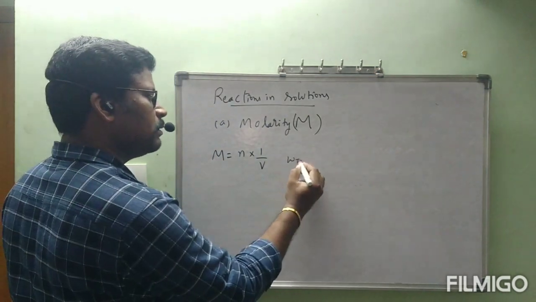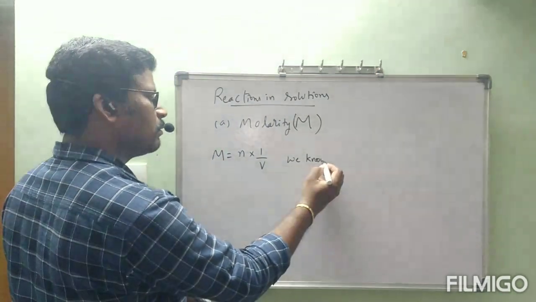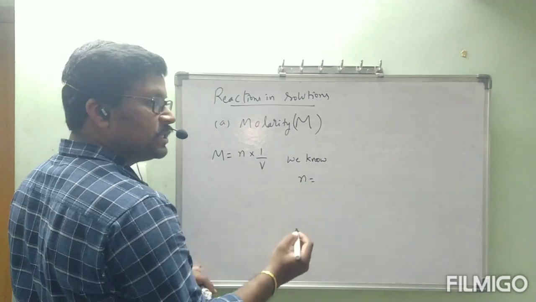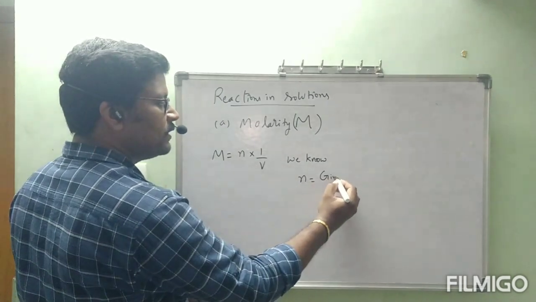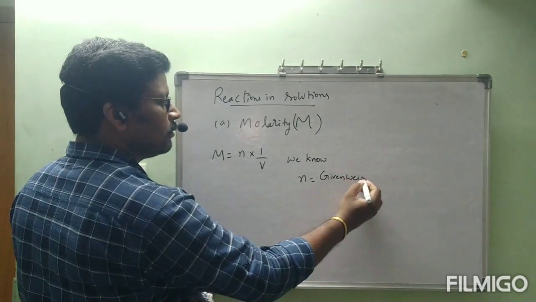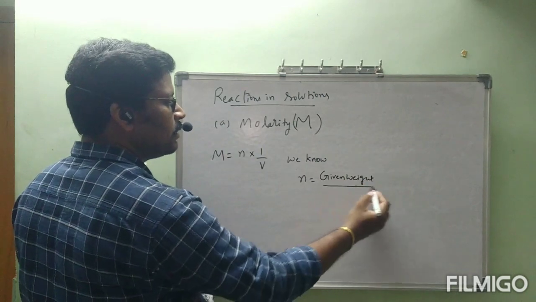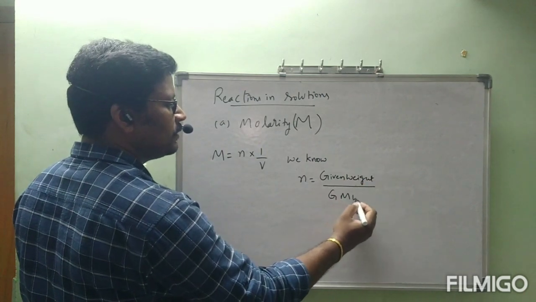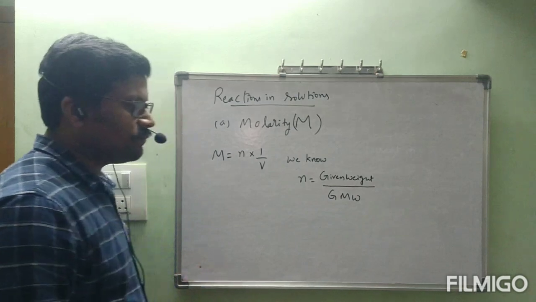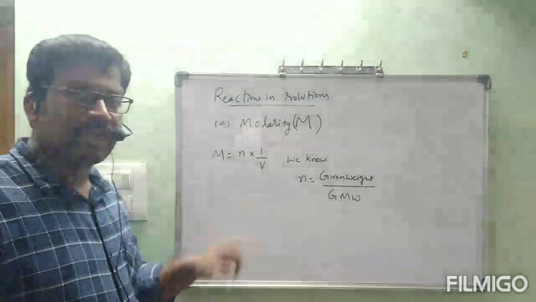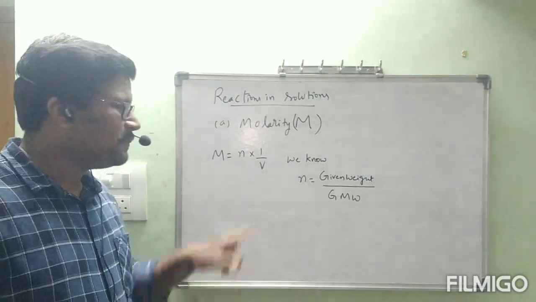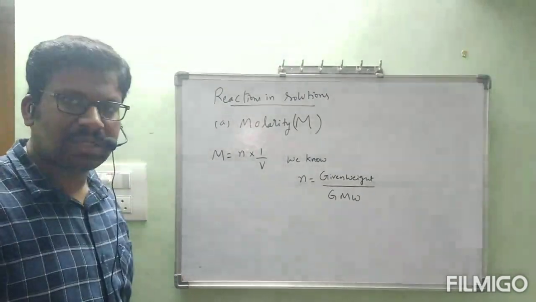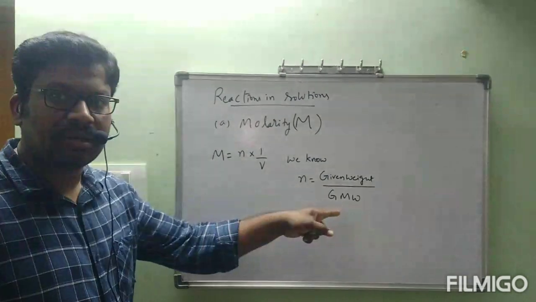We know n, the number of moles, is equal to given weight by gram molecular weight. We wrote two formulas: number of moles of an element and number of moles of a compound. Here solutes are mostly compounds, so directly I am writing gram molecular weight.